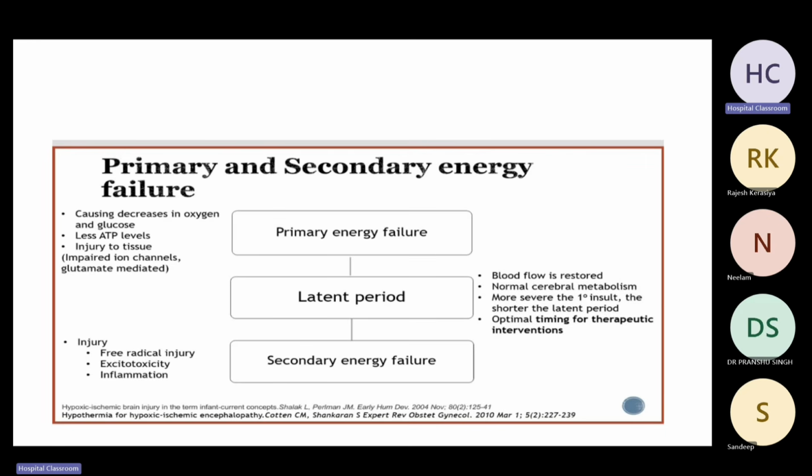If we start therapeutic hypothermia in this latent period, we are actually preventing the brain from going to the stage of secondary energy failure. So secondary energy failure is the one where you see a lot of free radical mediated injury, lot of inflammation to the brain, and majority of the long-term consequences of perinatal asphyxia are because of this secondary energy failure. Okay, so that is why therapeutic hypothermia has to be done.